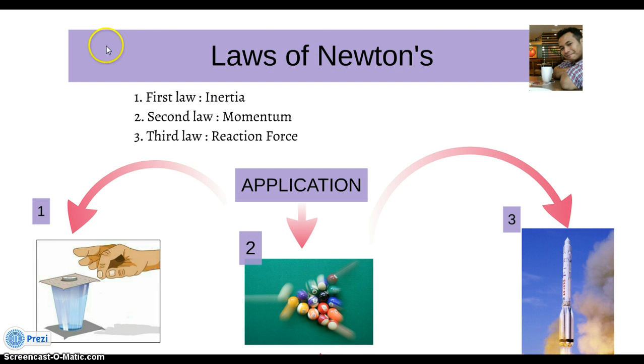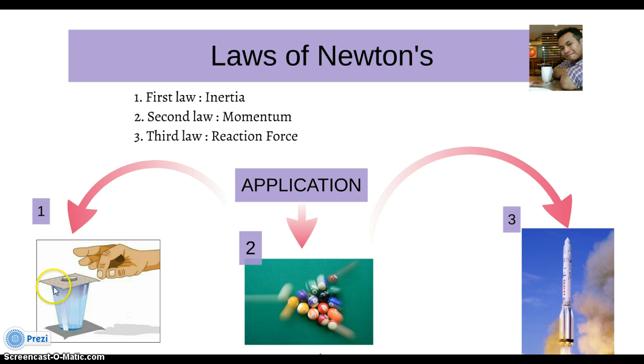So here I will conclude that Newton's laws are divided into three laws. The first law is always called inertia. The second law is momentum, and the third law is reaction force. For number one, there is the inertia phenomenon.